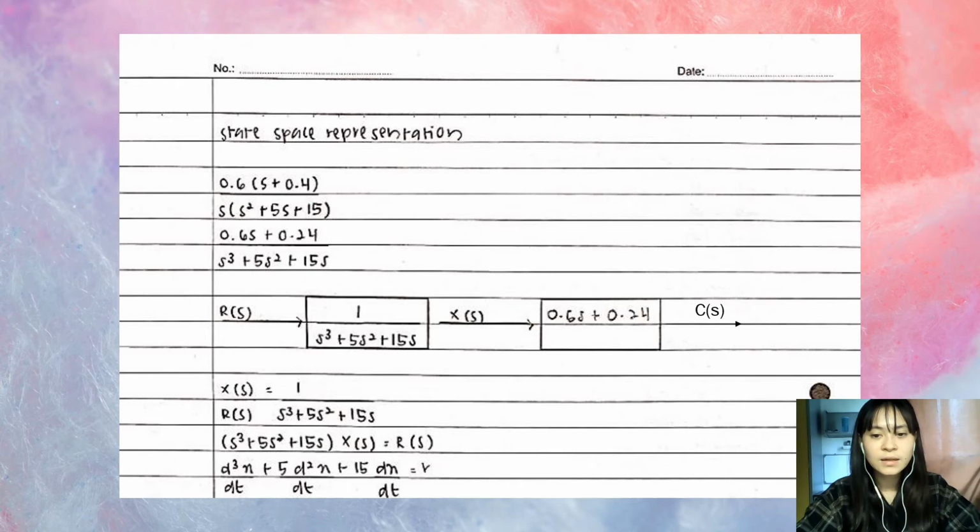The calculation is to convert from system transfer function to state space representation. From the block diagram, we'll get 0.6 (s plus 0.4) over s (s squared plus 5s plus 15). When we multiply in the numbers, we'll get (0.6s plus 0.24) over (s cubed plus 5s squared plus 15s).